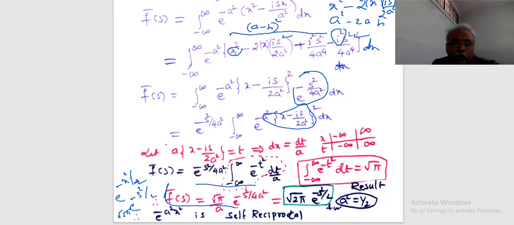But now you have to show that e raised to minus x square by 2 is self-reciprocal. For that you have to select a square equal to half. By selecting that, what amazing thing happens is that x square by 2 becomes s square by 2, just multiplied by root 2 pi. You get the same structure. That's why it is reciprocal.